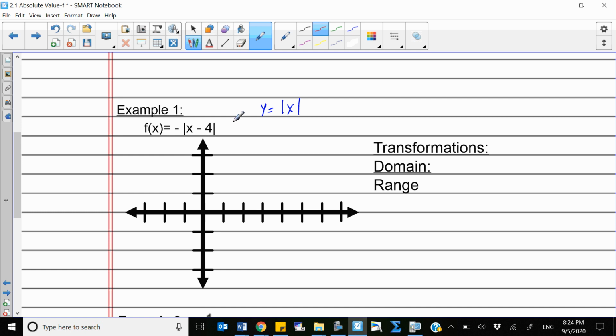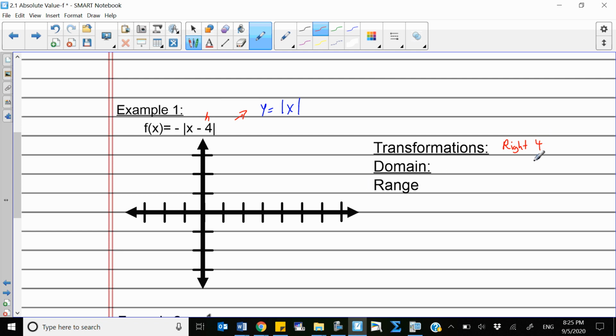We recognize that the parent function is y equals absolute value of x. The transformations that I see here, one of them is this h value, which is a positive number that is subtracted from x. So that means the function is going to move right for 4 units.